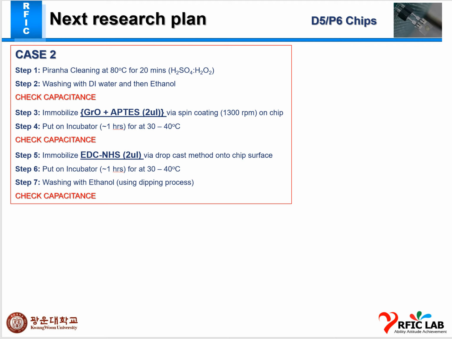Before starting case 2, we did a literature survey. We found that if we use a sonicator, a machine that dissociates the flake size, meaning it breaks down the flakes, for example our bigger flakes will dissociate or break down into small pieces.